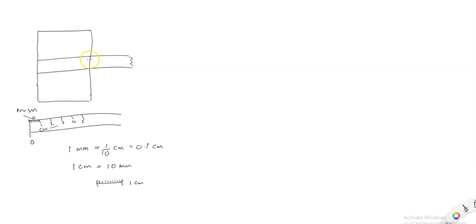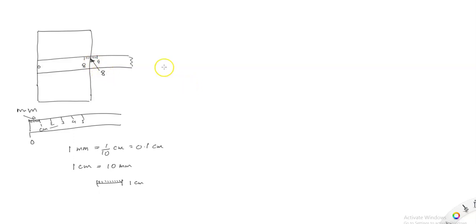Now if you go back to the PowerPoint slide and take a look at this example problem, you see 0 is here, and 8 centimeter, 8 is over here, 9 is here, and it's aligning with, let me see exactly where. I'm going to go back to the PowerPoint. So it's going to align with the line number 8 here.